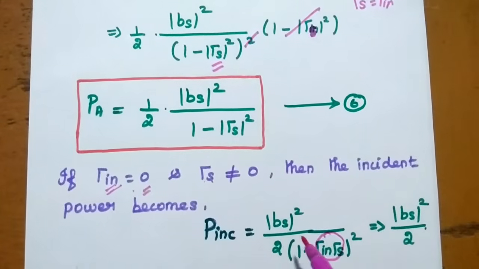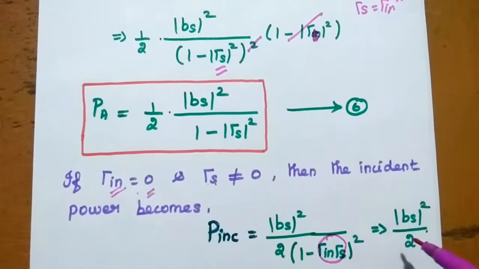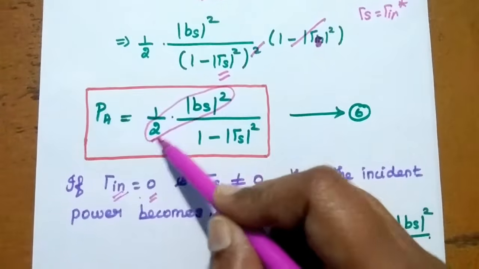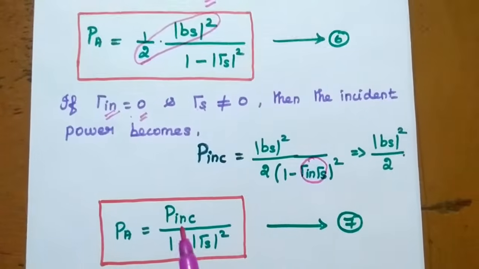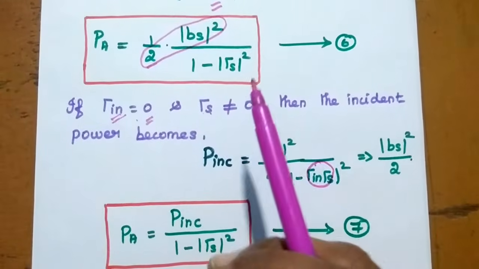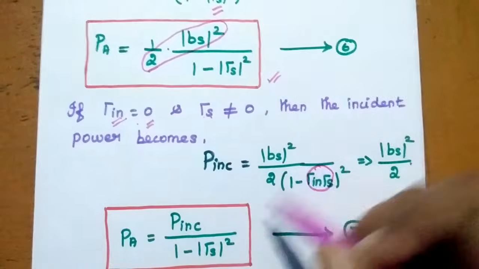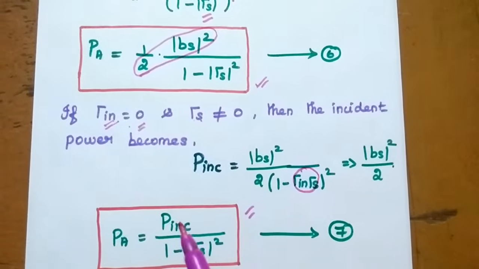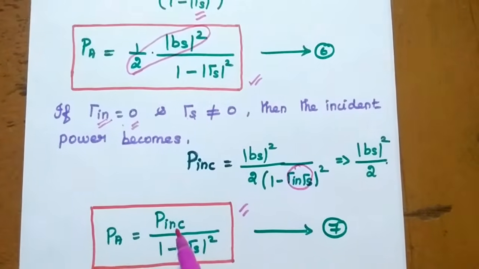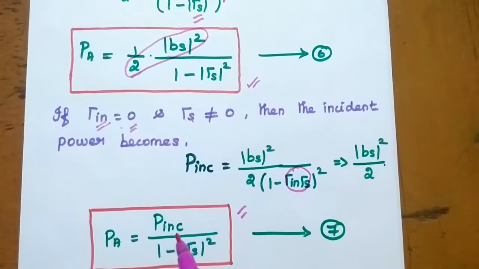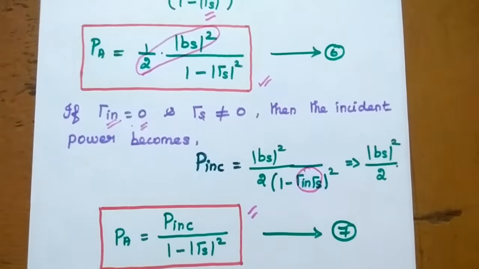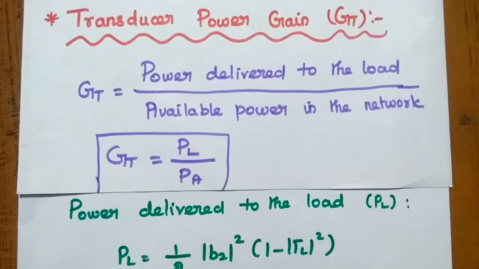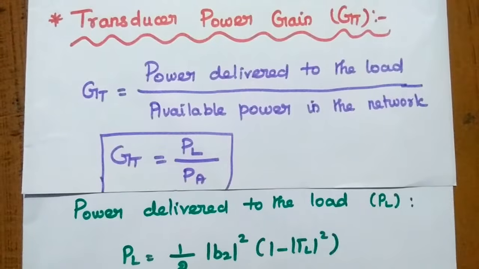So incident power becomes Bs squared by 2. Now we can substitute that value over here, that is Bs squared by 2 as incident power divided by 1 minus gamma s squared. Consider this as the seventh equation. So available power in terms of incident power is P incident by 1 minus gamma s the whole square. Now we are going to derive transducer power gain of RF amplifier.